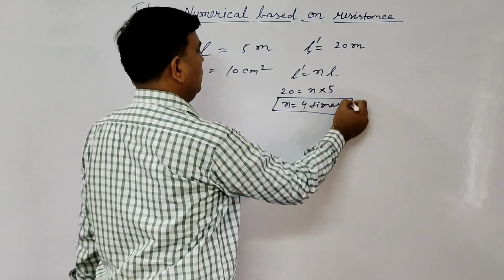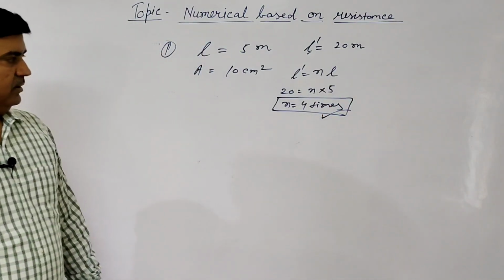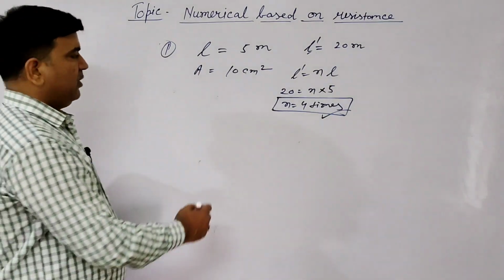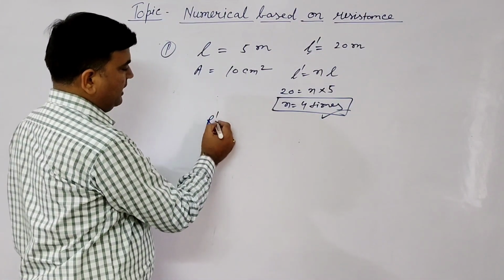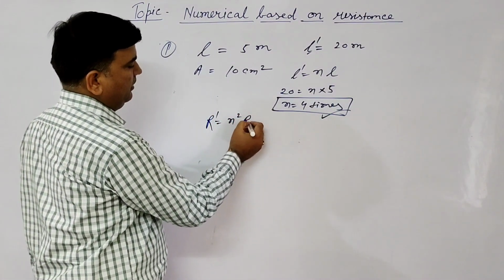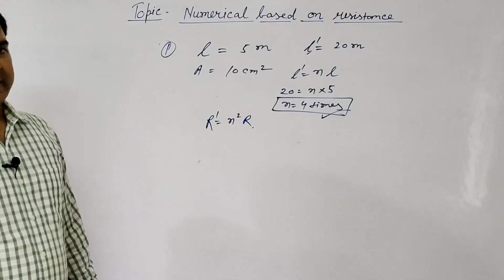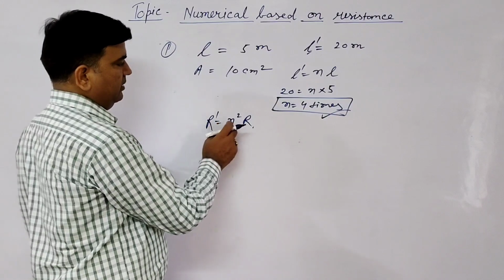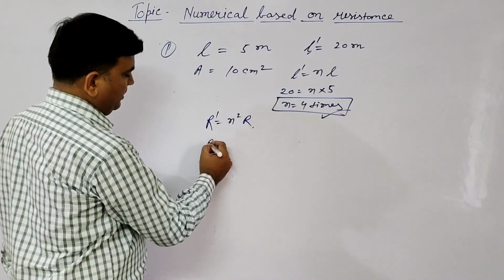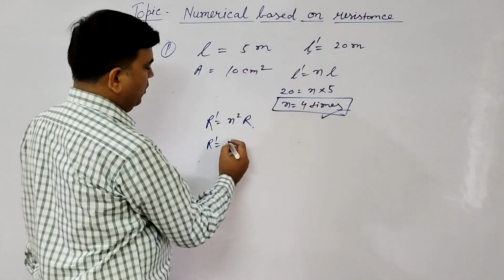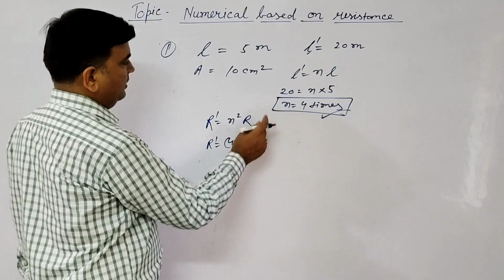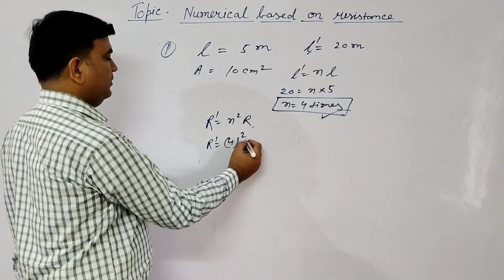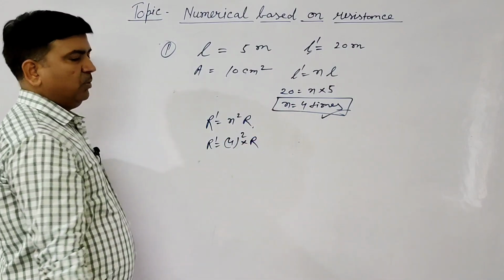That means the length of the wire becomes 4 times, and everyone knows the formula R dash equals n square R. Then what is the effect on the resistance? The resistance of the wire becomes n square times. That is R dash equals 4 square, into the resistance, suppose the resistance of the wire is given as R.